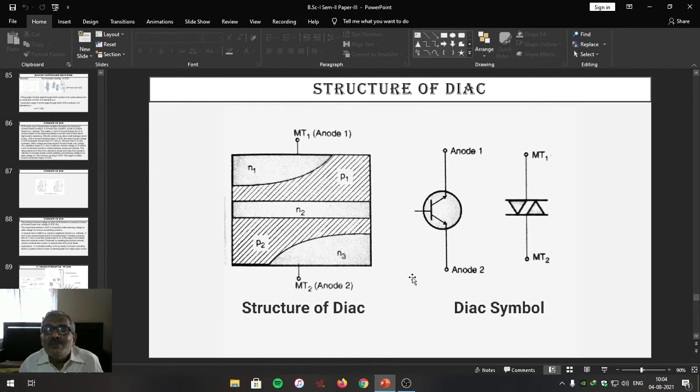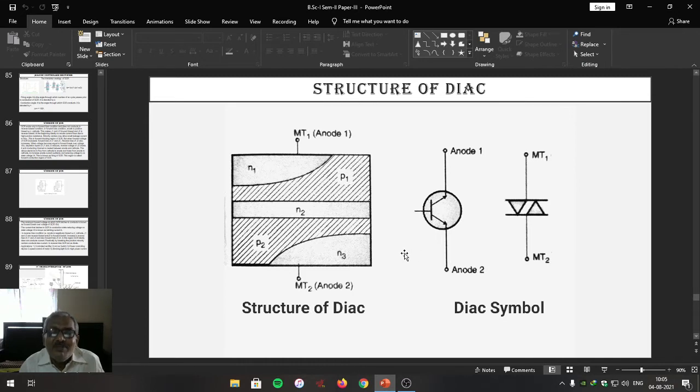So these are the circuit symbols which are used in circuitry to recognize the DIAC. This is what you have to remember as the construction or structure of DIAC and also the circuit symbols associated with the DIAC.